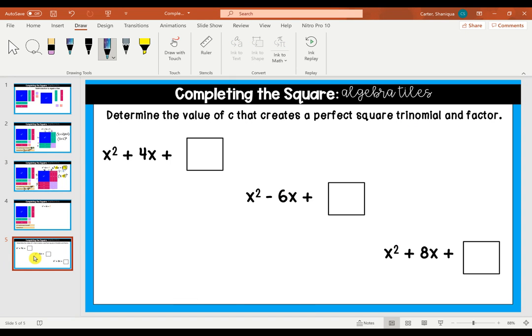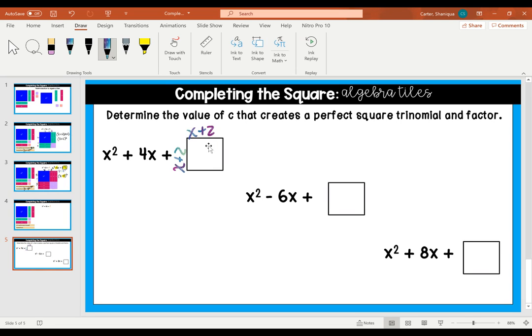So, shortcut. Determine the value of c that is going to create a perfect square trinomial and factor it. So, x squared plus 4x plus what number? Well, what do we know about a square? I know that it has equal sides. So I can just take my dimensions. x squared plus 4x, what's half of that? x plus 2, x plus 2. Well, what's 2 squared?